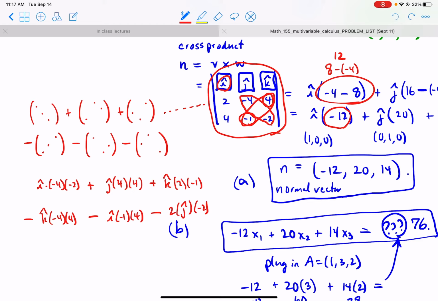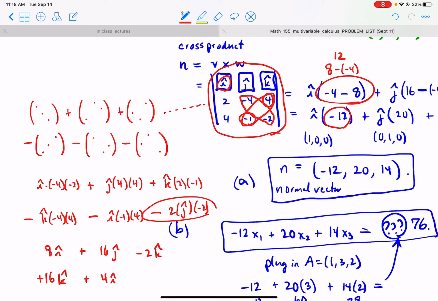This one is 8 i hat plus 16 j hat plus negative 2 k hat minus, okay, so that's plus 16 k hat. This is plus 4 i hat.